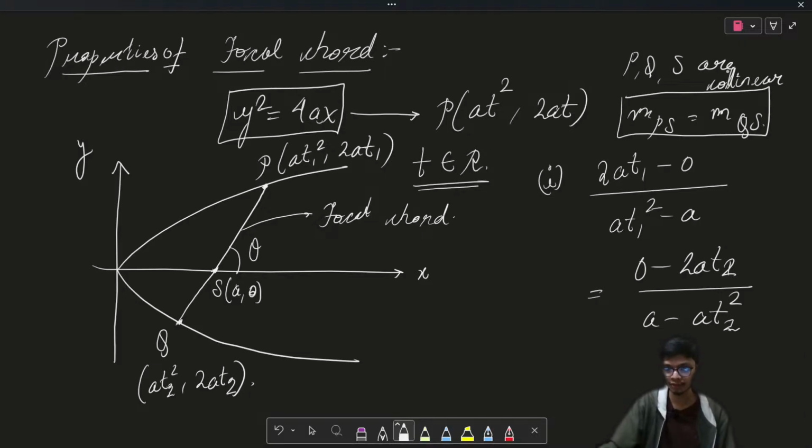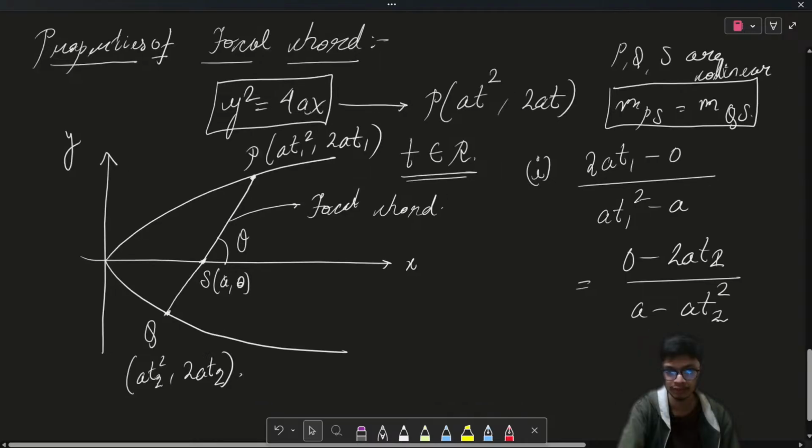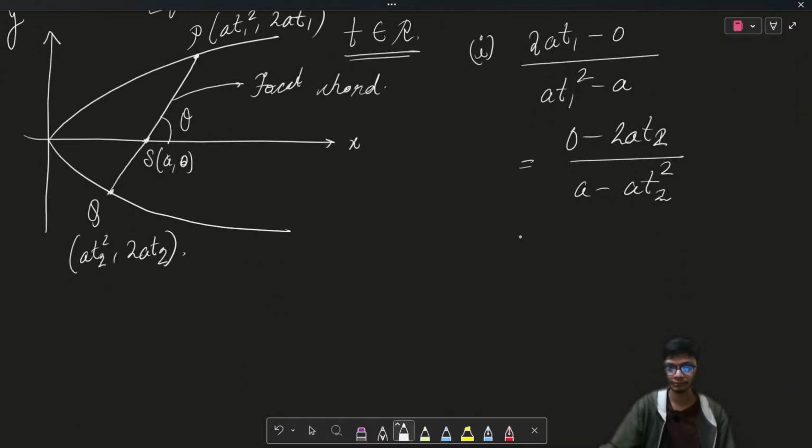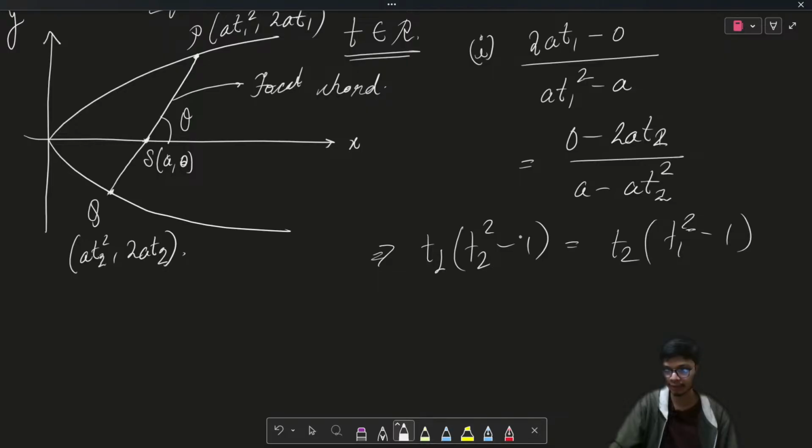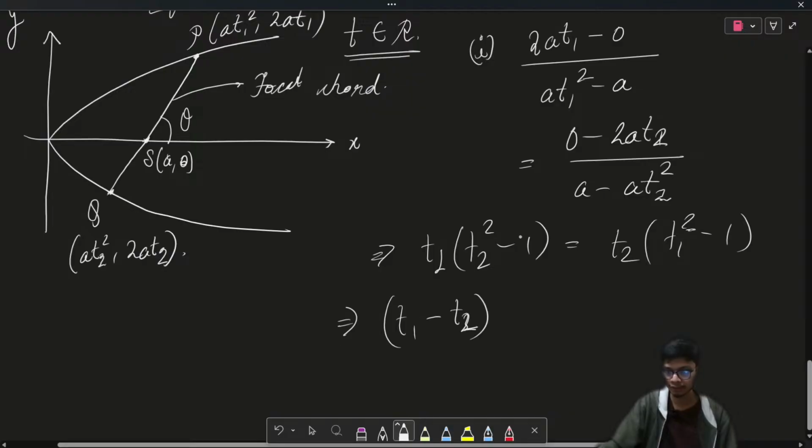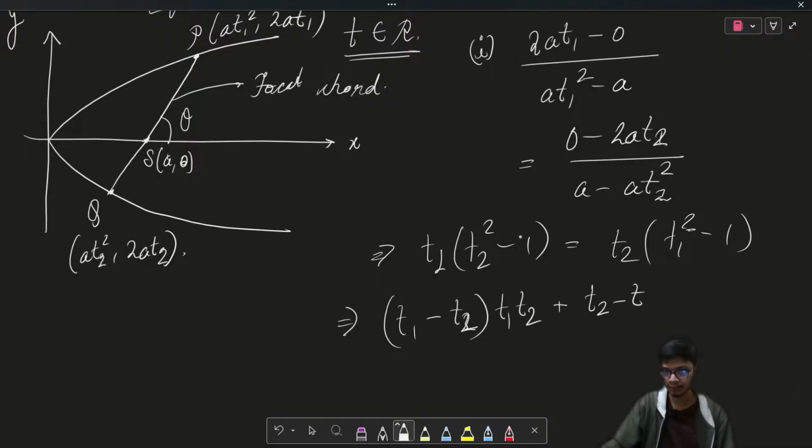So if I solve this out, with a few lines of calculation I'll get an expression like t1 (t2 square minus 1) is equal to t2 (t1 square minus 1), right? And if we simplify further, we get (t1 minus t2) times (t1 t2 plus 1) should be equal to 0.